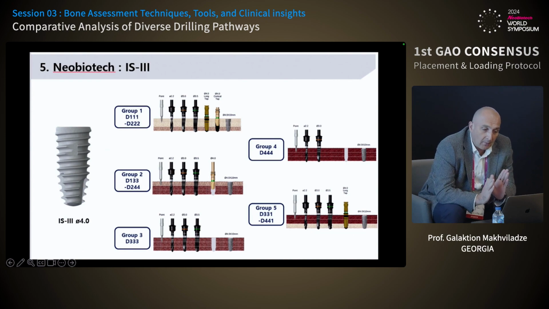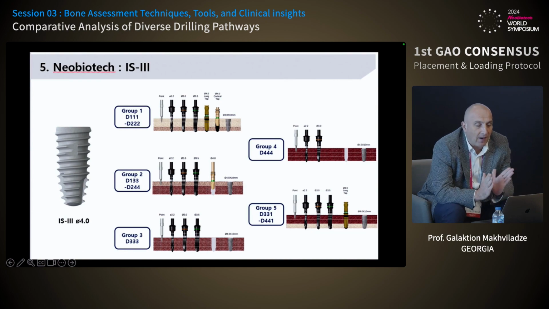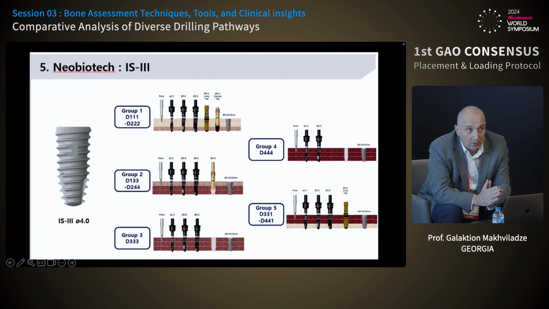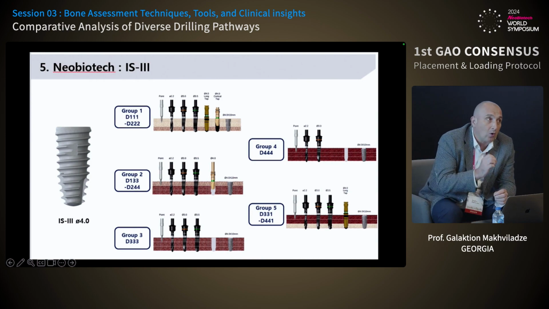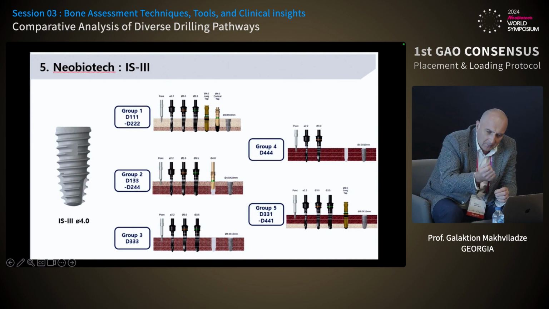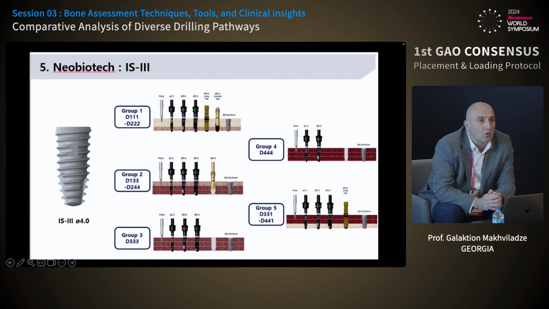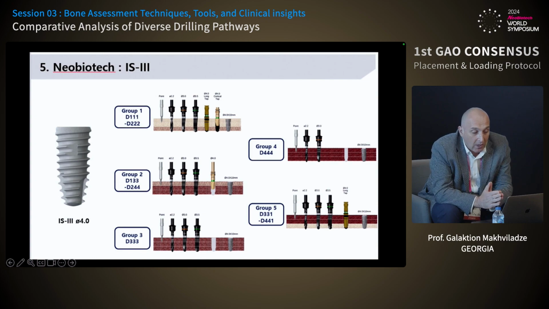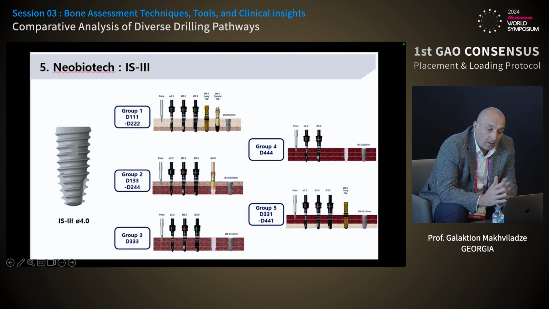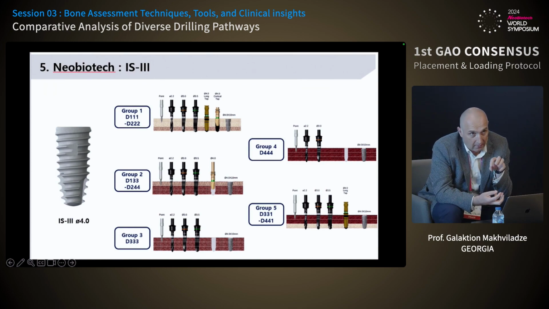In the hardest bone, we need final drilling, just 3.5 for a 4 millimeter diameter implant, and long taping, and cortical taping also. It means we need double taping when we have the hardest bone. And in the second group, we need final drilling and only cortical taping.